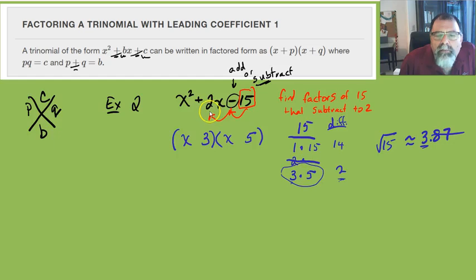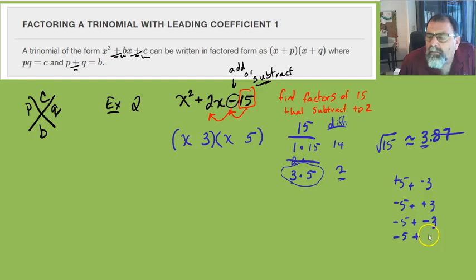So a positive 5 plus a negative 3, or negative 5 plus positive 3, or negative 5 plus negative 3, and positive 5 plus positive 3.